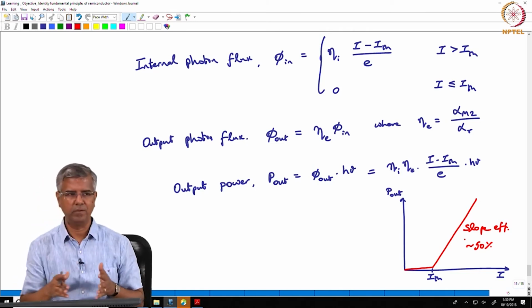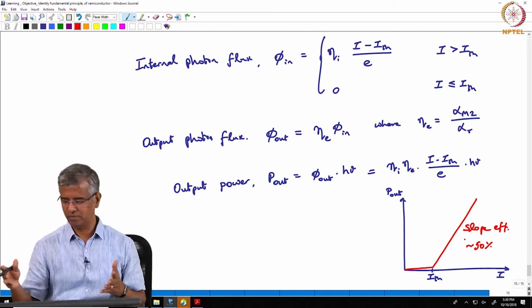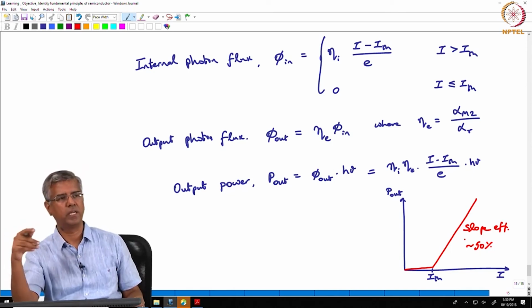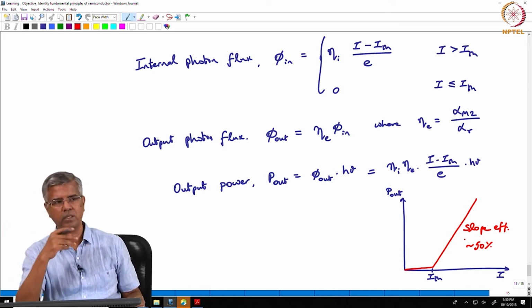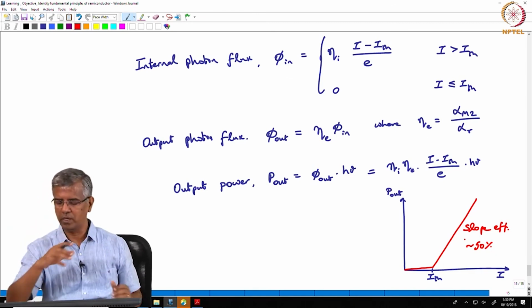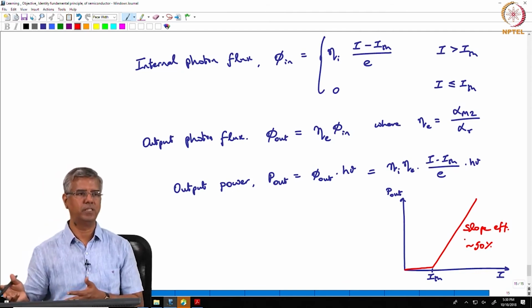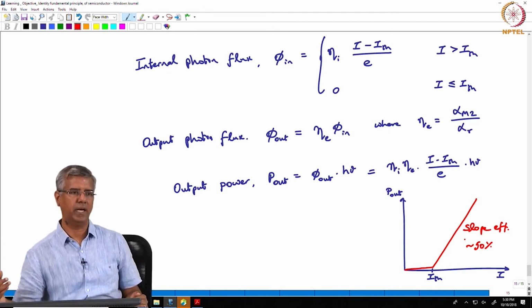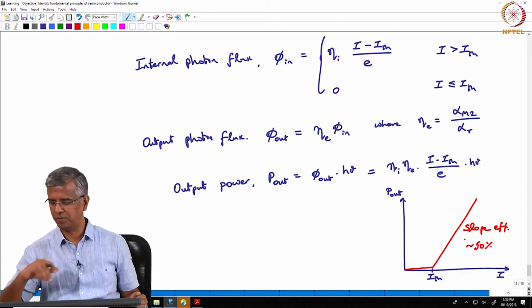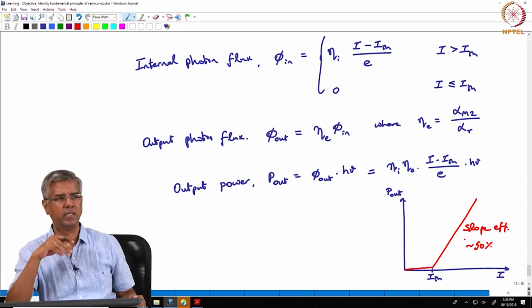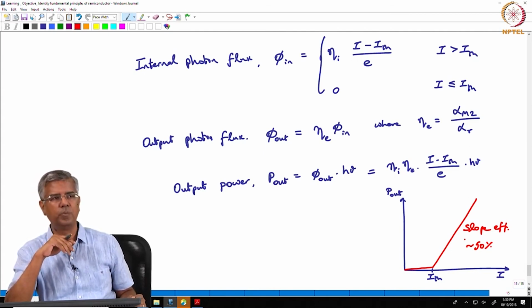So, effectively with negligible current, you are able to achieve threshold, and beyond that you are converting your current into light energy. Overall you can say that the wall plug efficiency of these lasers is in the order of 50%, which is very, very high, because if you talk about traditional gas lasers and dye lasers and all of that, the wall plug efficiency is a fraction of a percent.